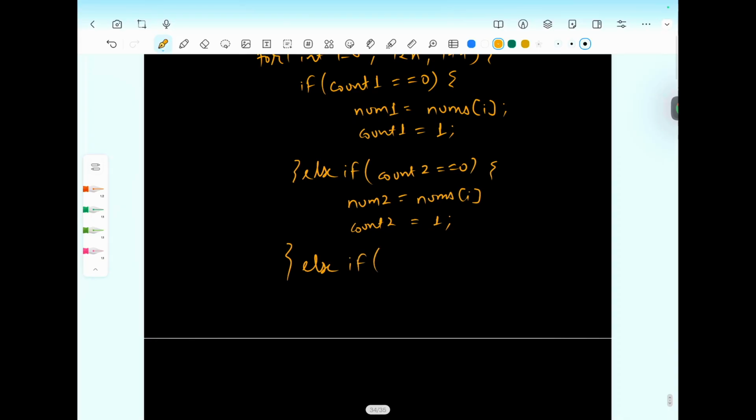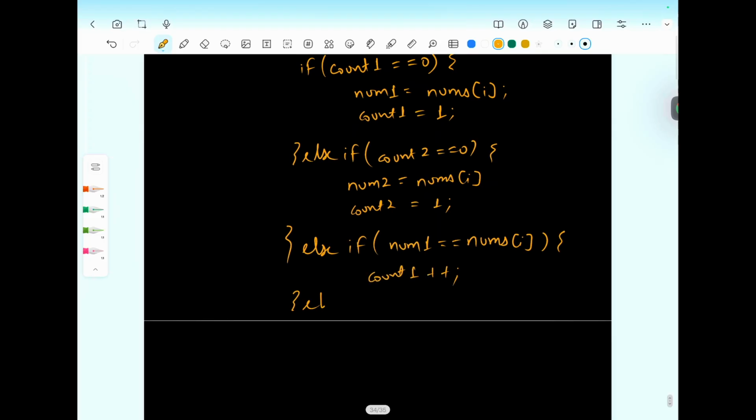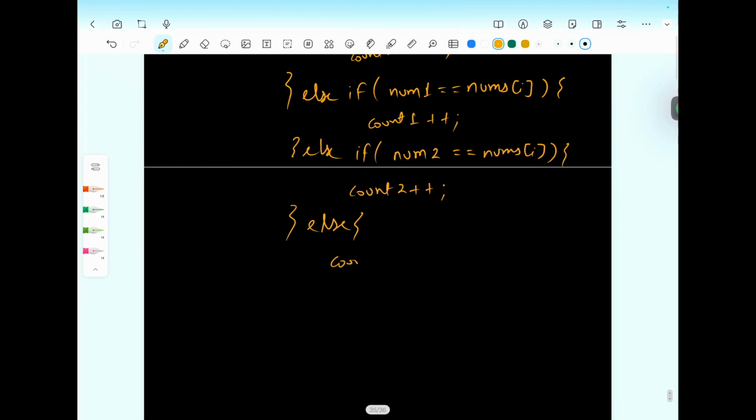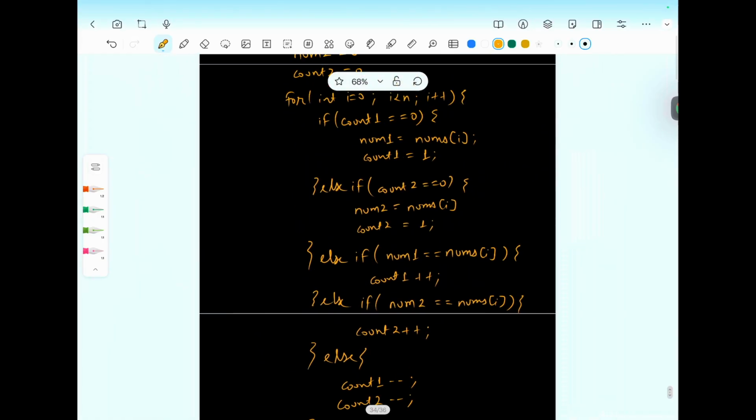Now we check if num1 equals nums of i, then we will increase count1. Similarly, if num2 is equal, we will increase count2. Else, if both numbers are different, we will decrease the count of both, right? So this is our overall code.